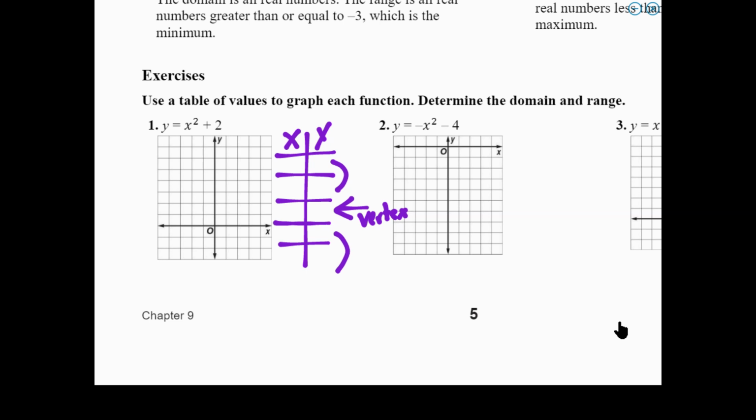If you always put the vertex in the middle, that will help you get those five numbers around it. So do number 1, and then do number 2 if you get ahead of everybody else.